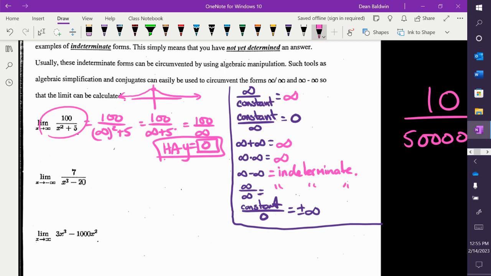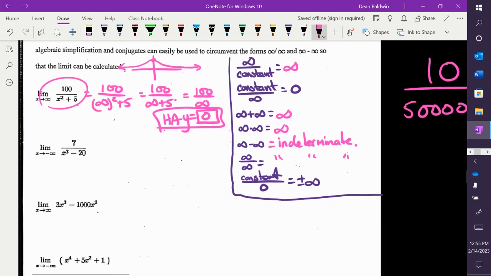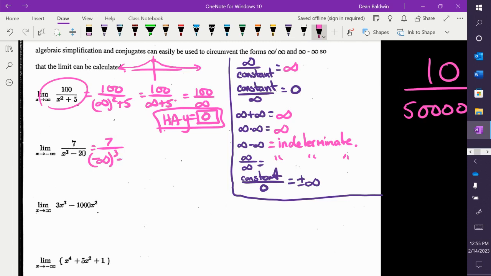Are we ready? Next one. The limit as x goes to negative infinity of 7 over x cubed minus 20. What is negative infinity cubed? Negative infinity.